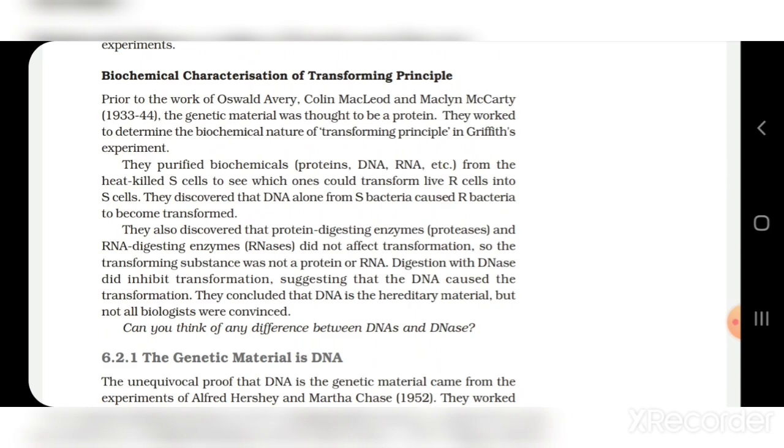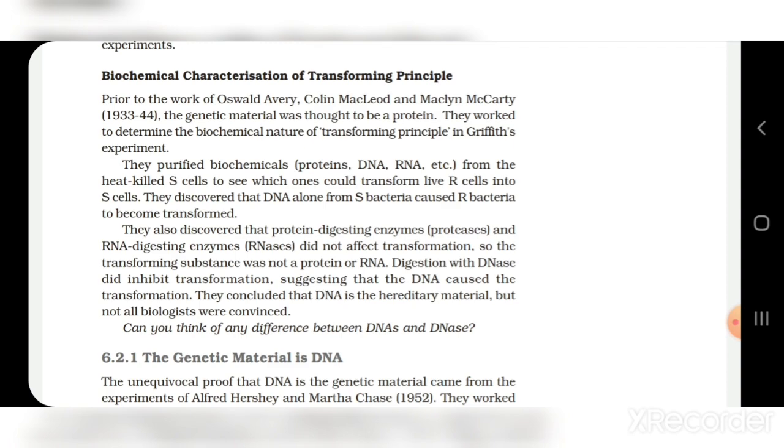They performed a series of experiments where they did three things. First, they removed the polysaccharide capsule from the heat-killed S cells and mixed them with the R cells. The mice died. In the second one, they removed the protein fraction from heat-killed S cells and mixed with the live R cells. The mice again died due to pneumonia.